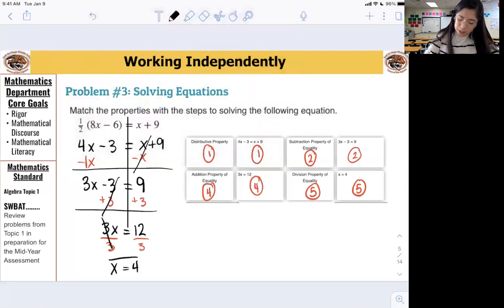Okay, so again, on the test, this was more like a drag and drop situation. Obviously, you can't really do that on a PowerPoint, so this is all we could do. Do I have any questions on this one? This one, by the way, even though it had a fraction, notice how by distributing, it also magically got rid of the fraction at the same time. So this killed 2 birds with 1 stone.